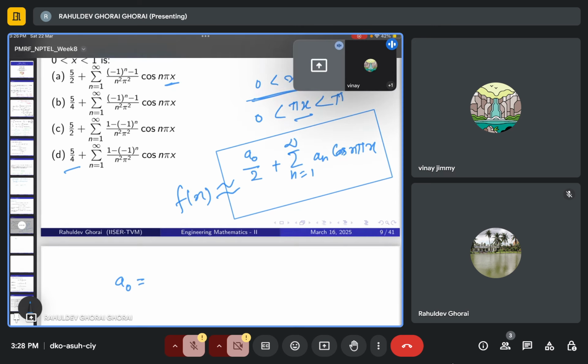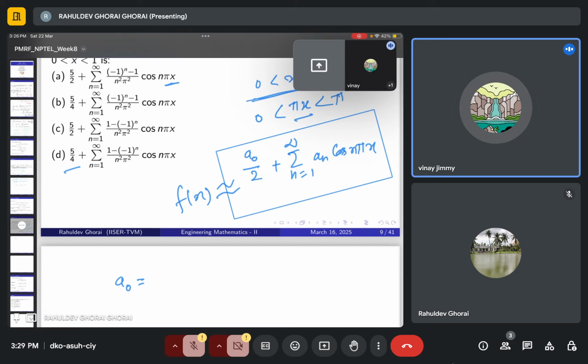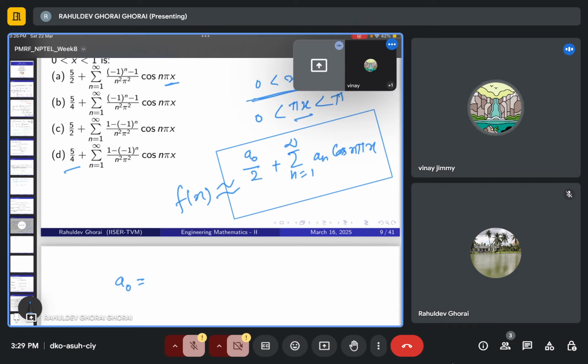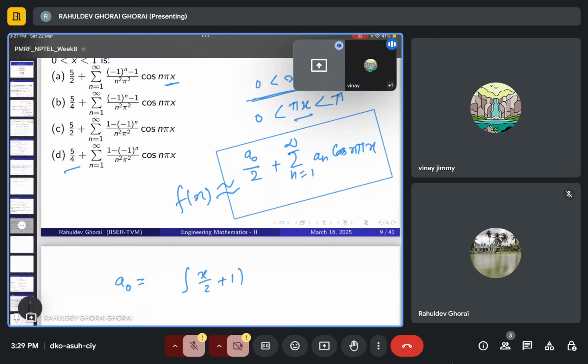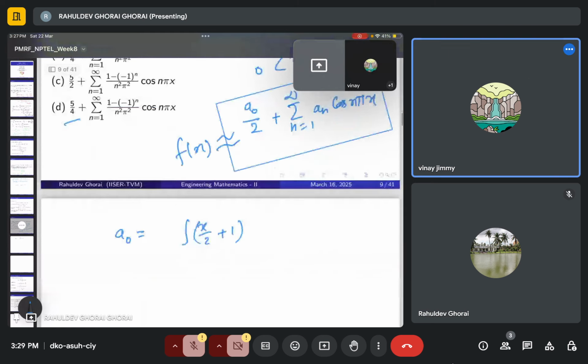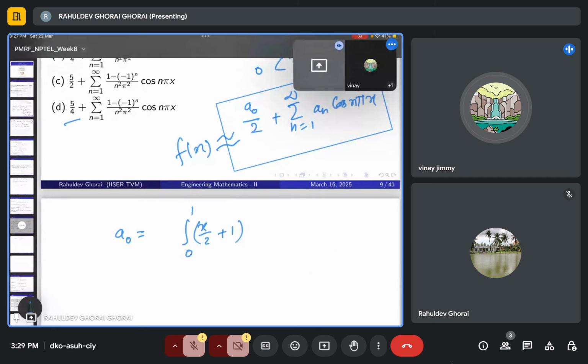In your calculation, you got 5 by 4 after integration. You have to integrate x by 2 plus 1, right? From 0 to 1.